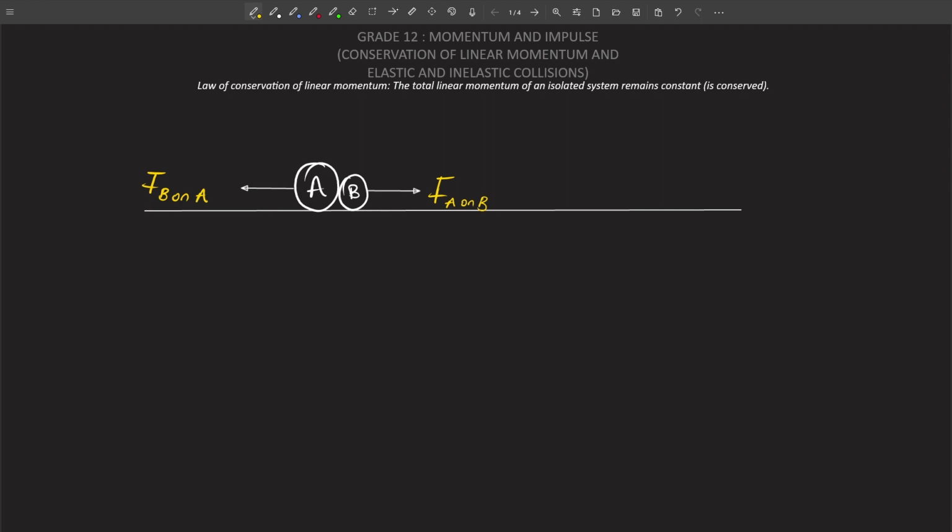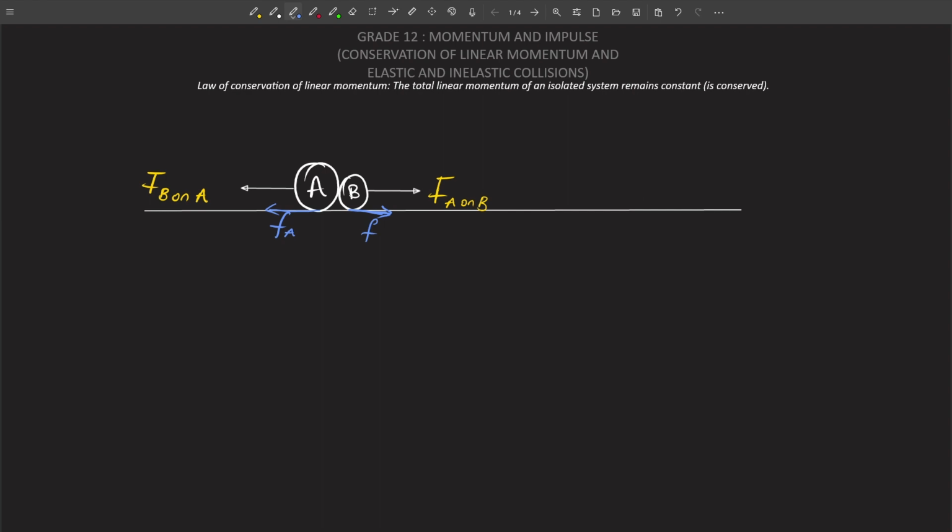But in this situation, we also have other forces. This is friction. Friction is represented by a small letter f.